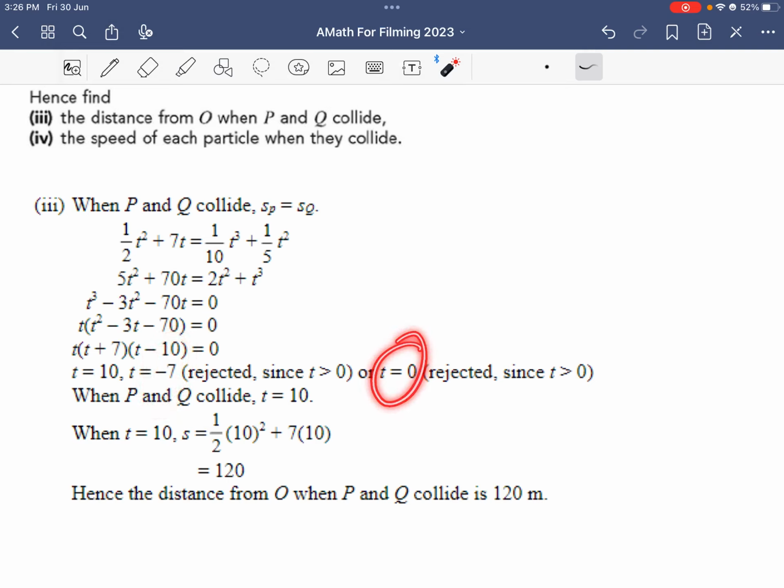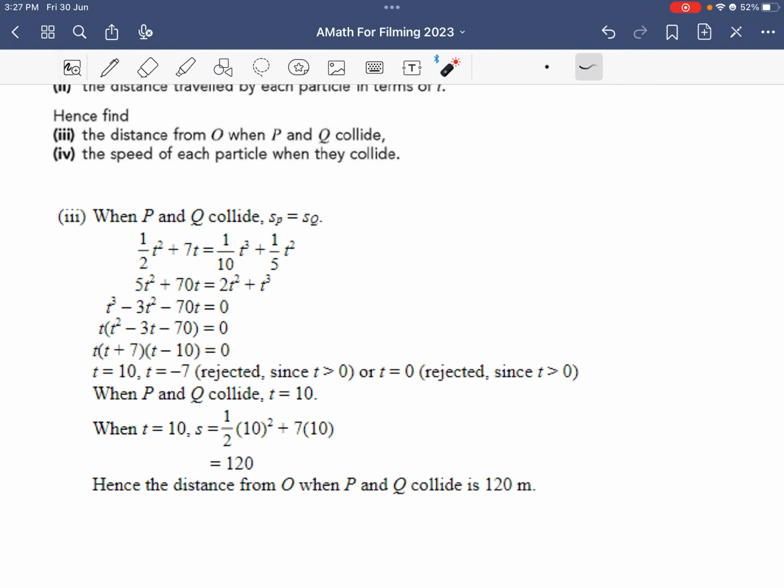We reject t equals 0 because t is greater than 0. At the start they just begin there, but that doesn't count as colliding. So the first time they collide is t equals 10. When t equals 10, the distance is 120 meters.